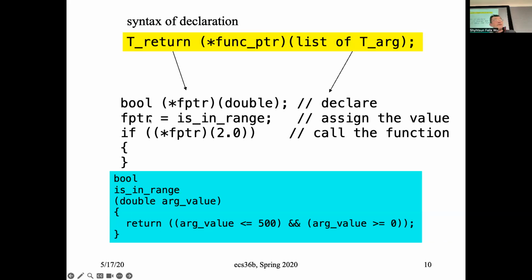I assign that function to FPTR, so FPTR becomes that function, which takes a double. And then how do I call it? I dereference. It's interesting: when I dereference a data pointer, I go back to that data variable. But when I dereference a function pointer, that means I'm actually calling it. So I do star FPTR on 0, given that I have a function called is_in_range over here.